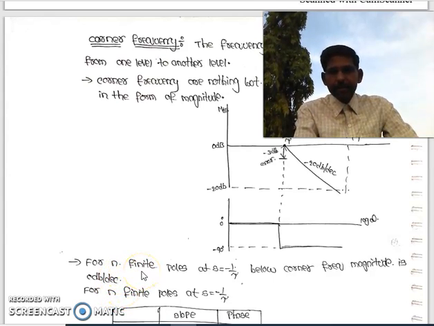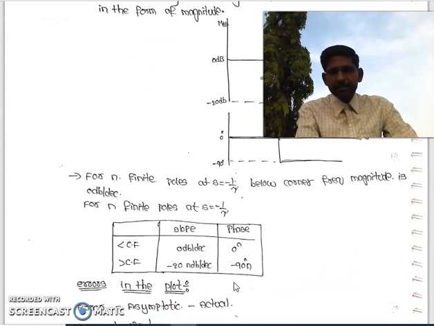For n finite poles at s equal to minus 1 by tau, less than corner frequency the slope is 0 dB per decade, the phase is 0 degrees. Greater than corner frequency is minus 20 n dB per decade and the phase is minus 90 degrees n.